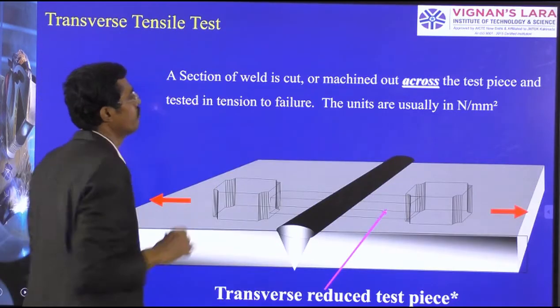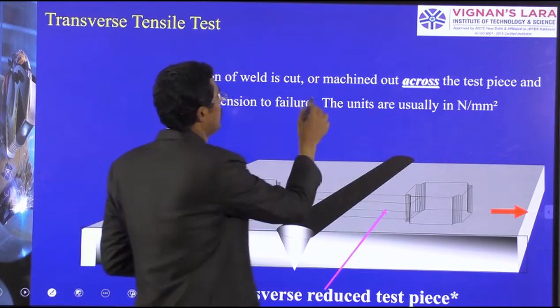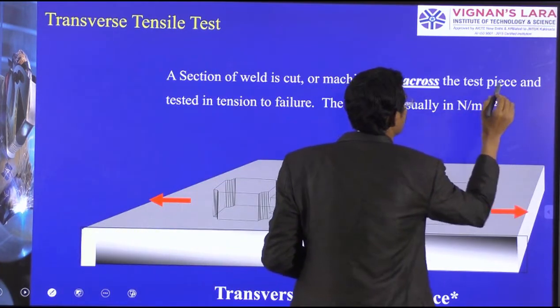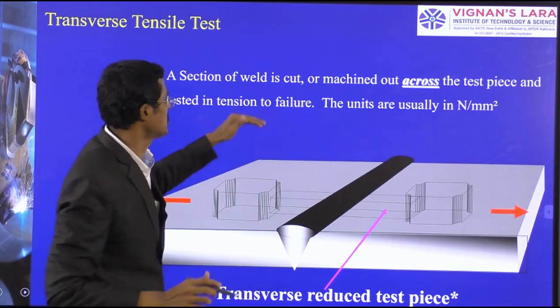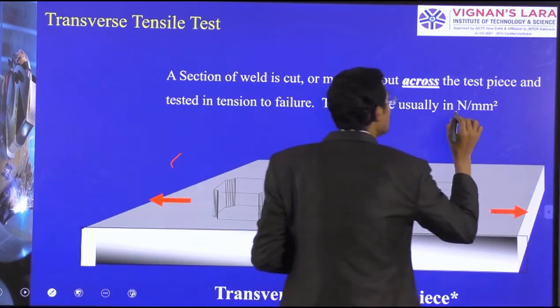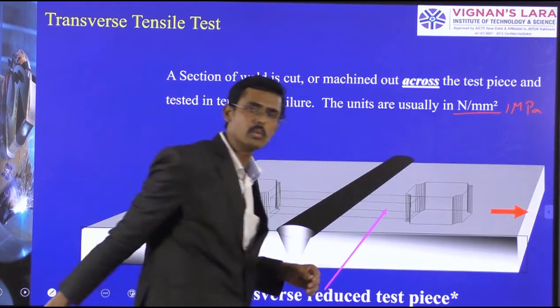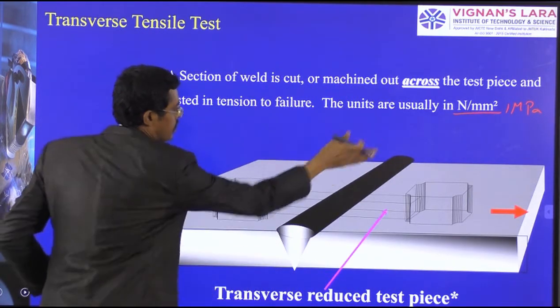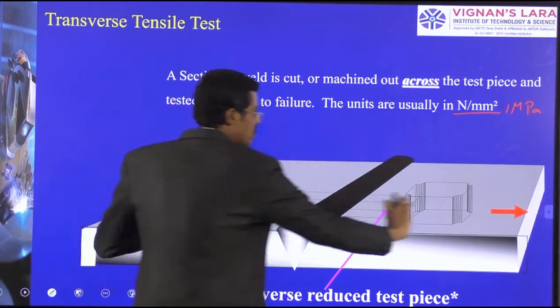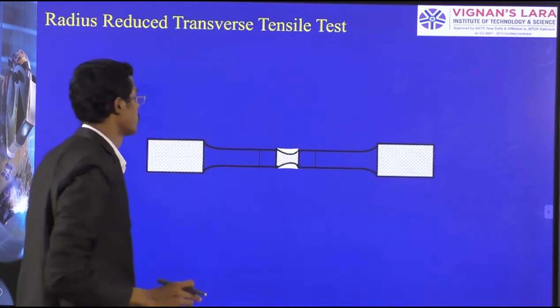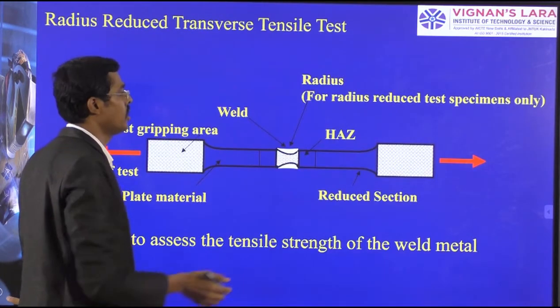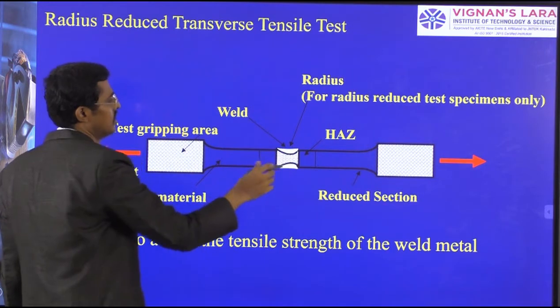A section of the weld is cut or mechanically cut out across the test pieces, testing the tension failures. Here the strength is generally taken in Newton per mm square or megapascal. This is perpendicular to the weld, and this is the tensile test of elongation we are doing. So these are the various terminologies for how we take the tensile test.